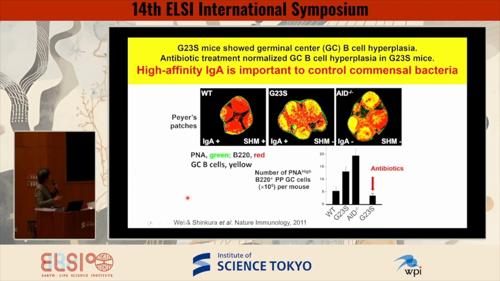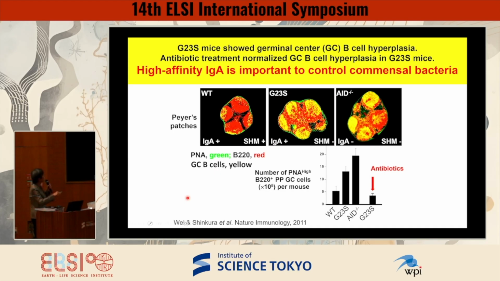The red color means B cells, and the green color is a germinal center marker. Inside the germinal center, somatic hypermutation is going on, so the yellow cells are the germinal center B cells.